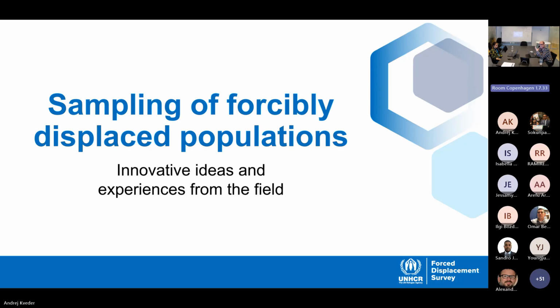So this was just to give you a rough understanding of the topic and the content that is covered. Now, of course, one of the more challenging aspects of talking about capturing the forcibly displaced situation is sampling.